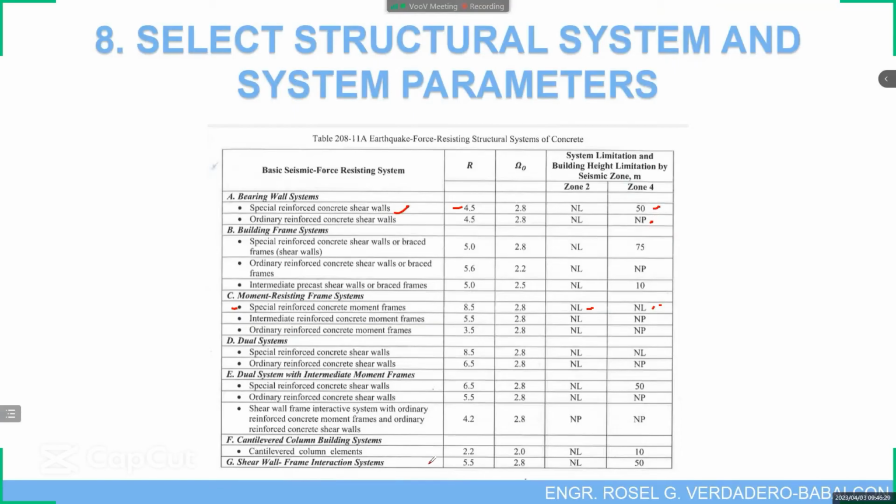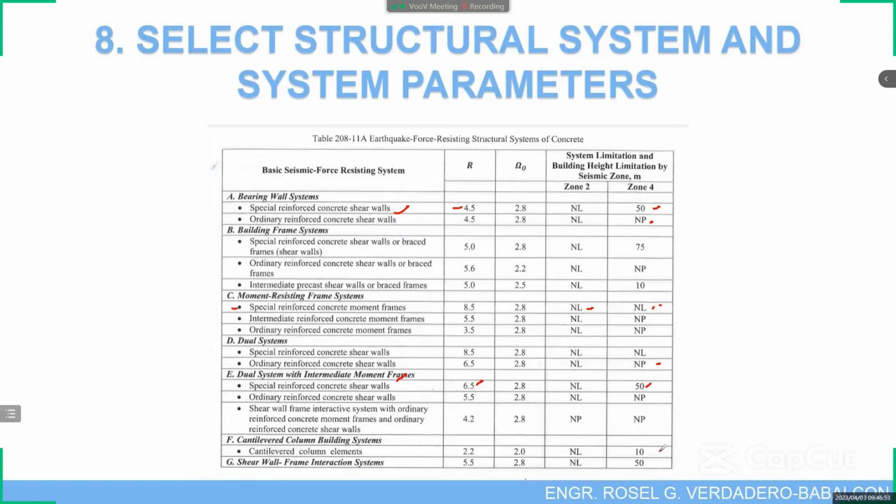Okay, so for special reinforced concrete shear walls, okay, under the dual system, the R value is 6.5 and the height limitation is 50 meters in zone 4. So for ordinary reinforced concrete shear wall, it is not permitted in zone 4.